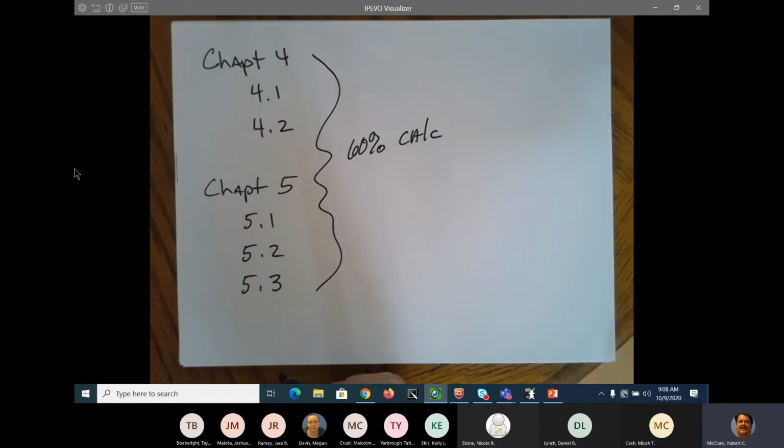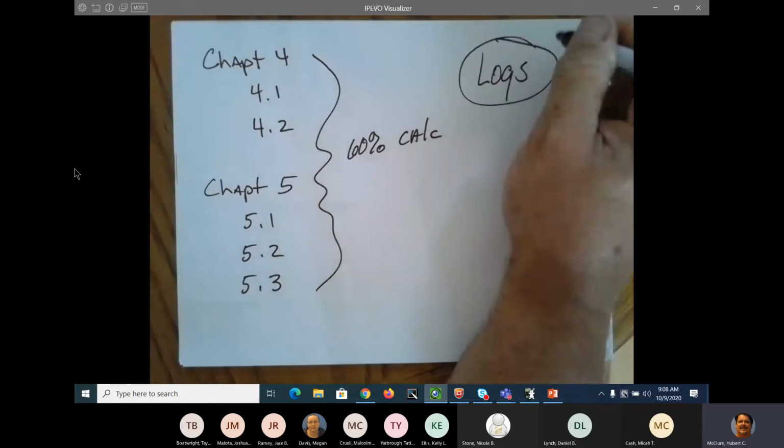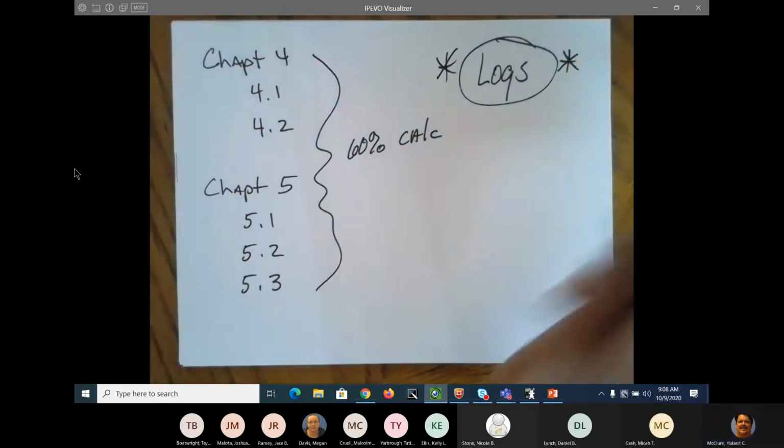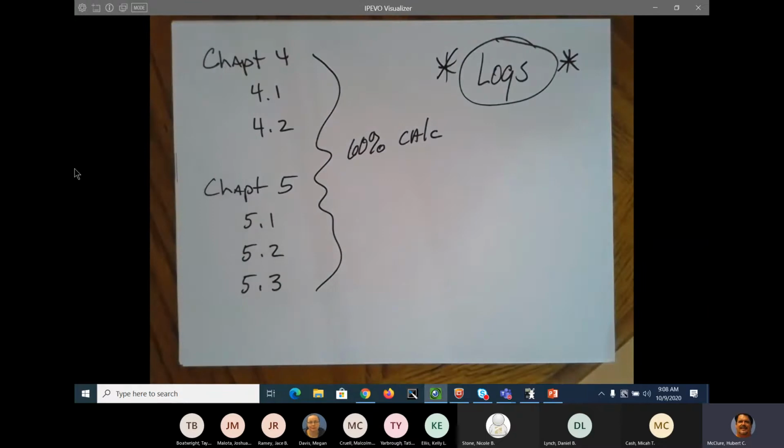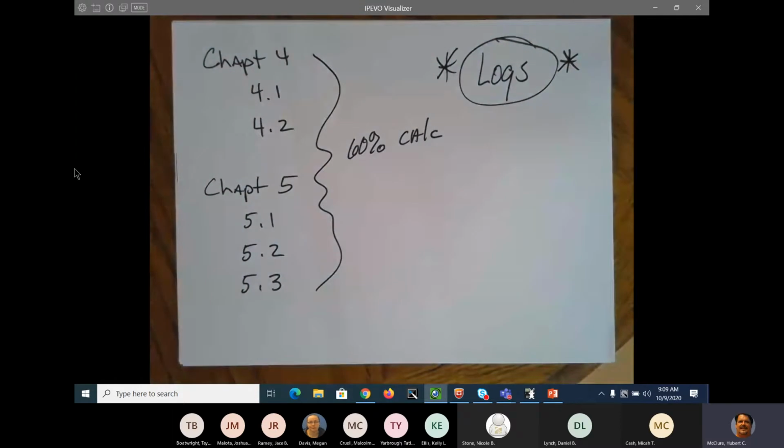And I just wanted to mention that because the next section that is detrimental is logs. That's what I'm worried about. As long as we get through logs, we're good. I think that's chapter 6. I want to get to there so we'll have at least a couple of weeks to go over logs.